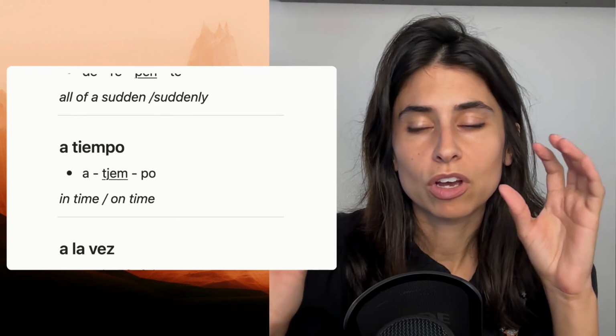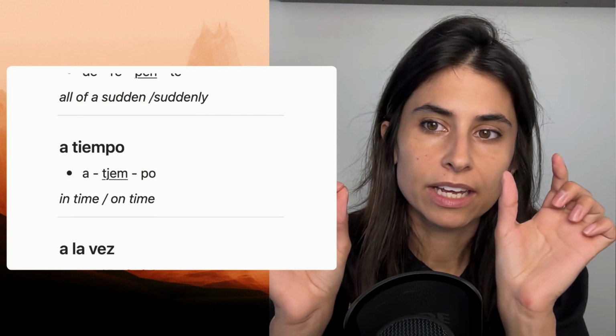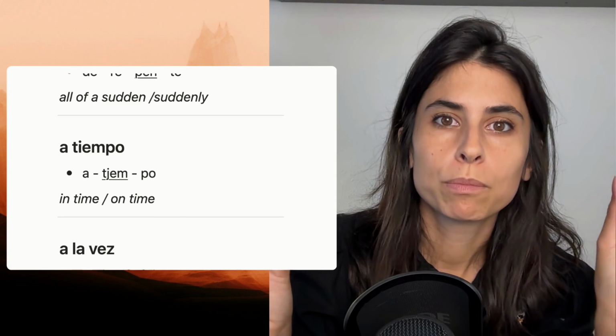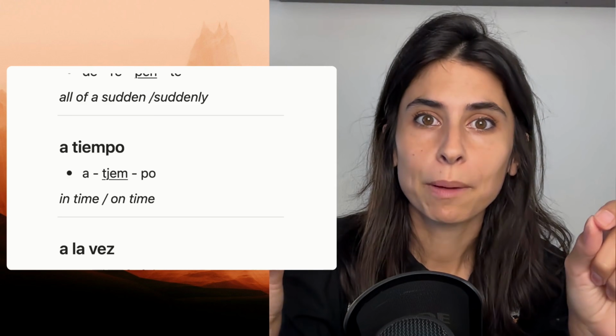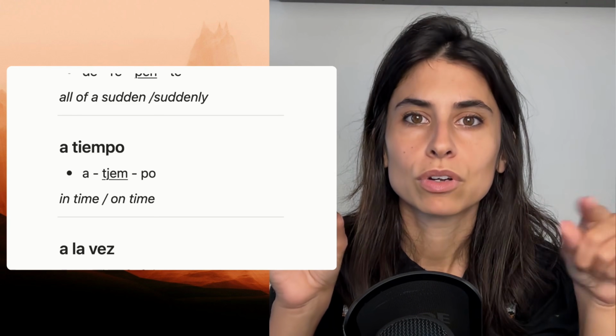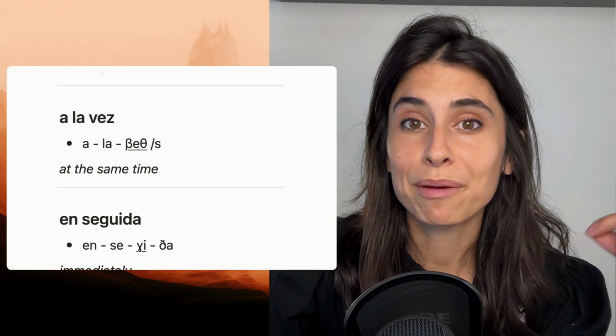This one is a bit complicated for some of my students, so make sure that you don't separate it in syllables. So you don't go ti-em-po, but tiem, a tiempo.